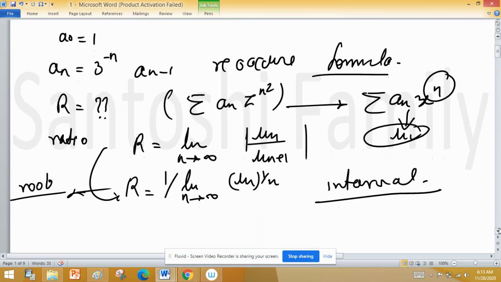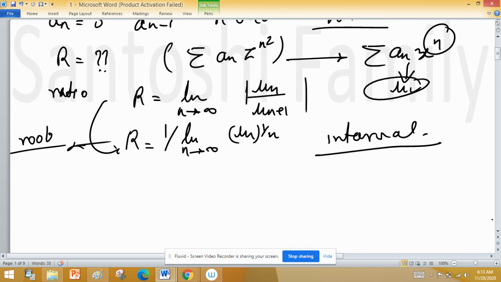Which method is more useful comes from practice, in which question we have to apply the ratio test, or when we apply the root test. As you can see, this series is not given in the appropriate form a_n z^n type. It is n² given to us.